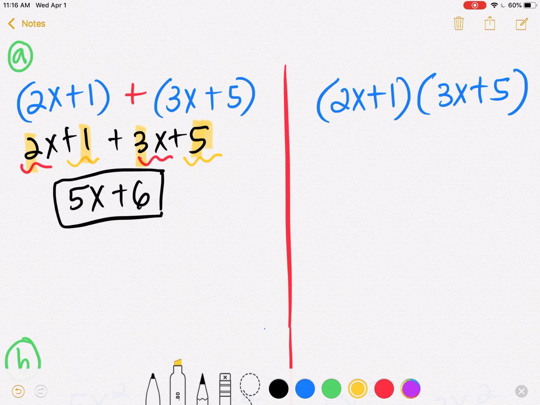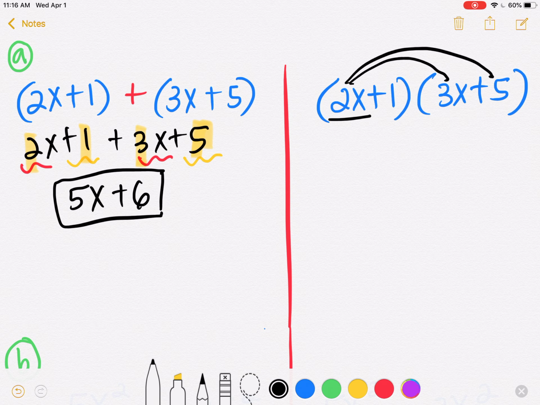When you're multiplying polynomials though, okay, so on the right hand side I have the same ones, only we're multiplying them. You distribute, and when you multiply you add your exponents. So for example, let's do the first one together. So 2x, and then I'm going to use the distribution method times 3x and then times 5. So 2x times 3x is not 6x, it's 6x squared.